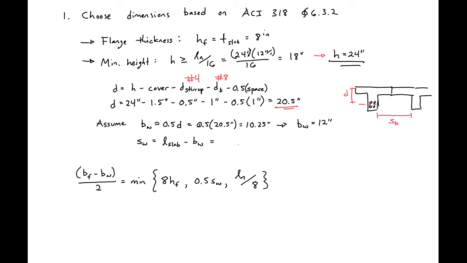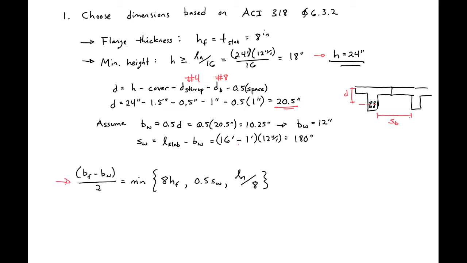So in our case, the length of our slab is 16 feet, and our web width is 1 foot, 12 inches. So we have 15 feet, and we're going to change this into inches. So 16 minus 1 times 12 is 180 inches.